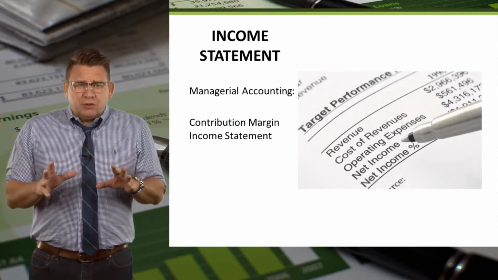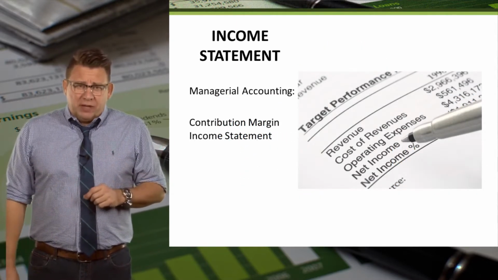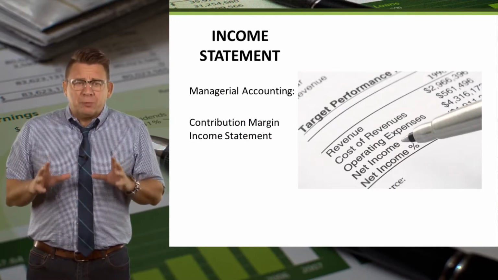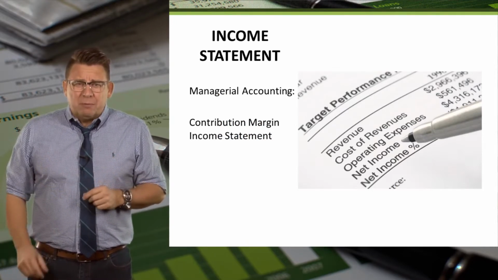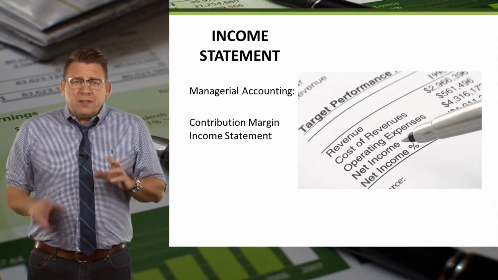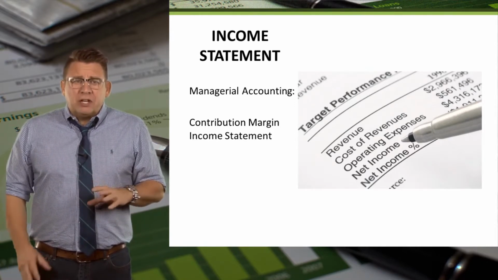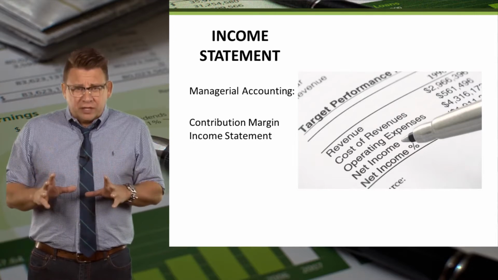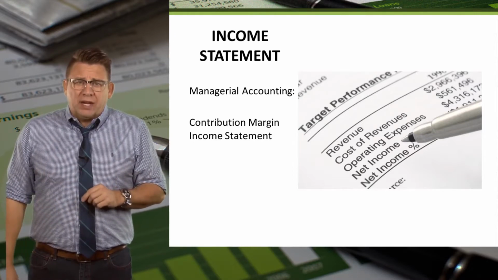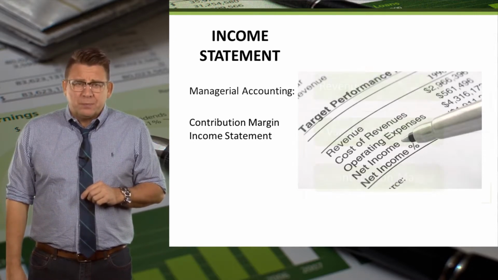But now I want to introduce you to a new format for the income statement known as the contribution margin income statement format. This format is not acceptable for external reporting, but is used almost exclusively for internal reporting and decision-making purposes.